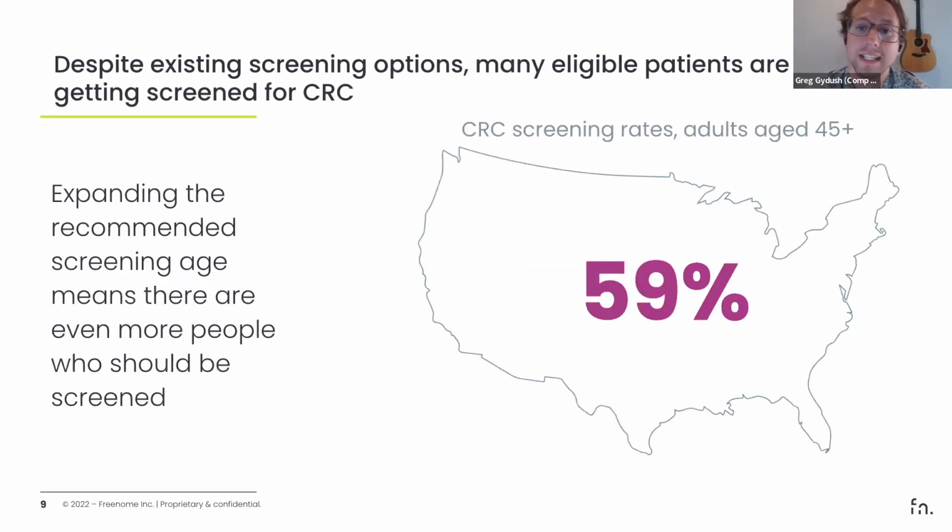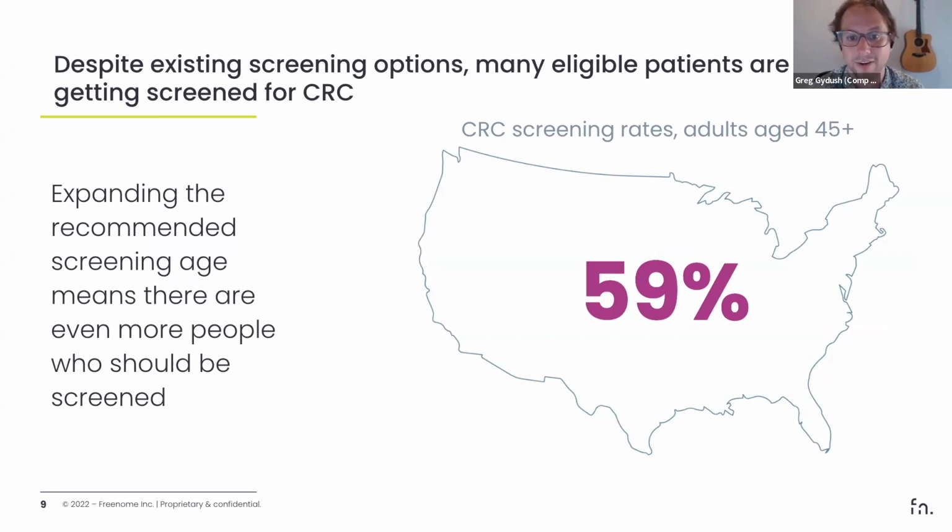And it is recommended that everyone over the age of 45 get routine screening for colorectal cancer. But despite the growth of screening methodologies that have come to market in recent years, many eligible patients are not actually getting screened, where screening rates are only 59% in the United States.